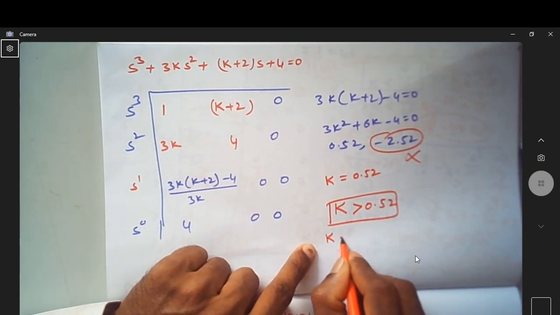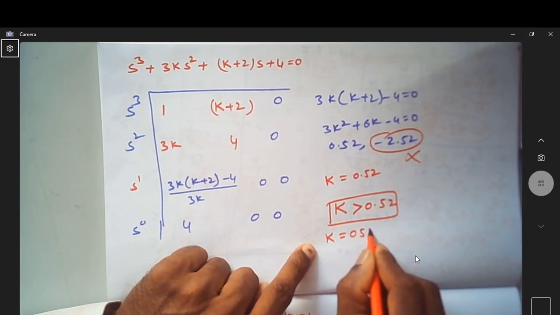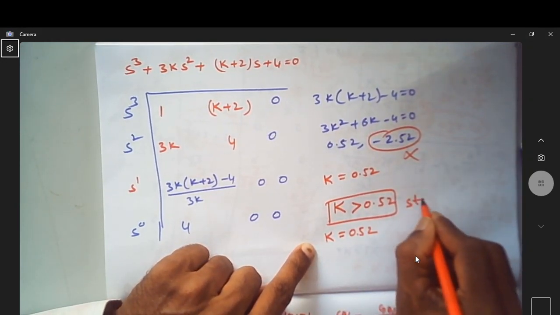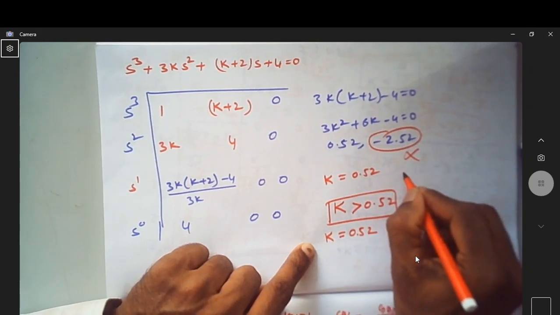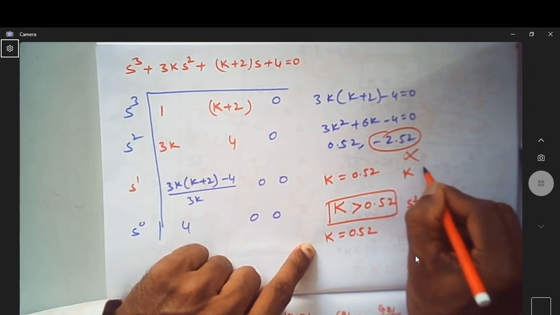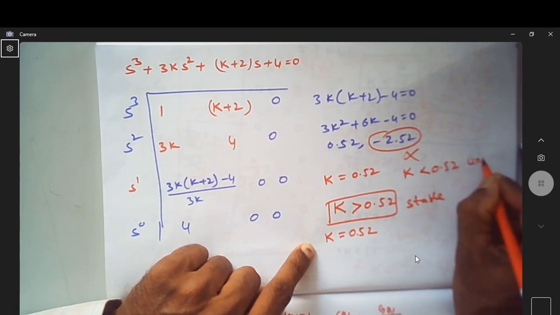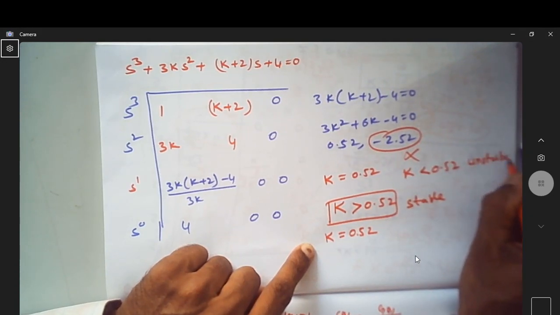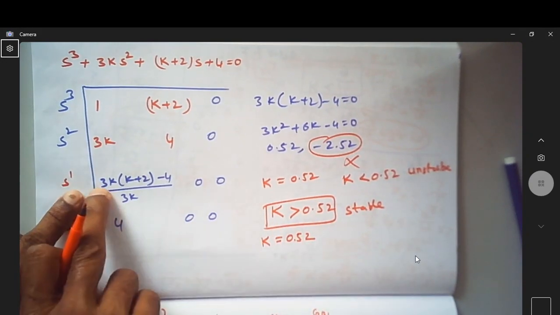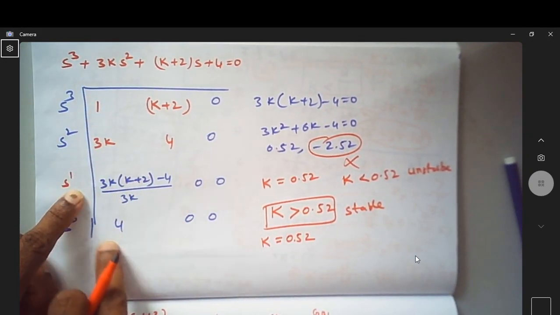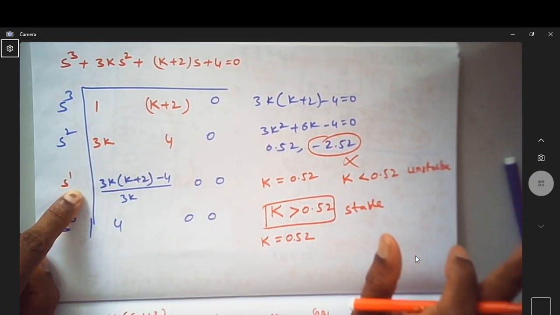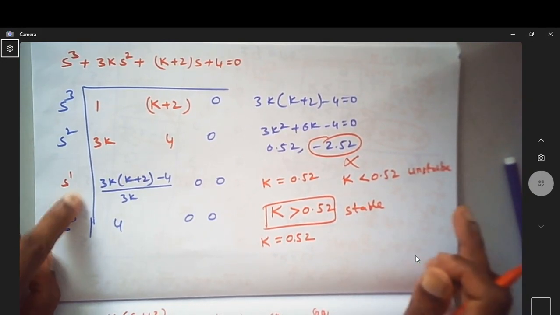If k is equal to 0.52, this is the boundary condition. If the value of k is less than 0.52, then it is unstable, because you're going to have a negative sign. A negative sign means you're going to have two sign changes, the system is unstable, or two roots come to the right hand side of the S-plane.